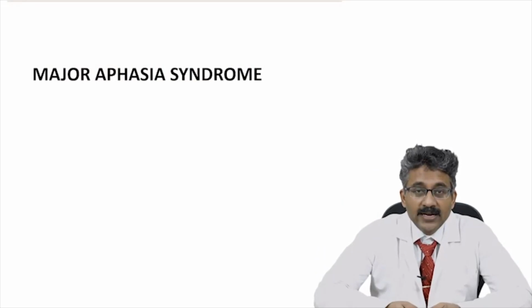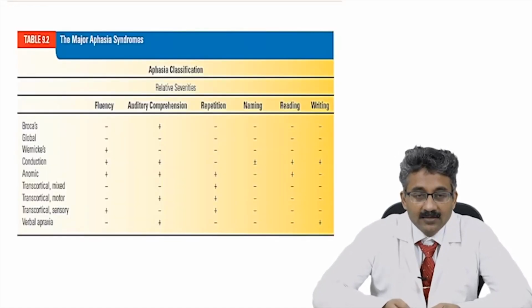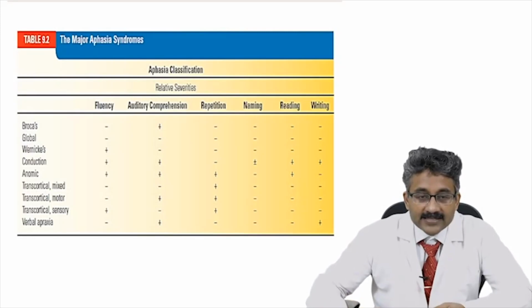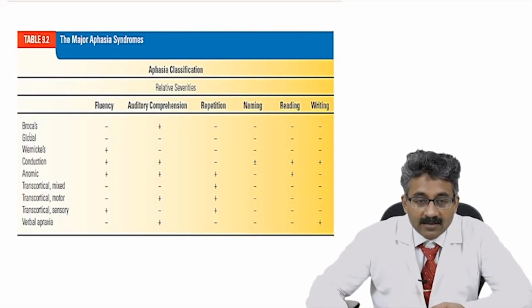Okay, now I just put it in a table and I want to summarize it for you, the major aphasic syndromes. Okay, see here the Broca's aphasia. Comprehension is normal, but fluency is abnormal.